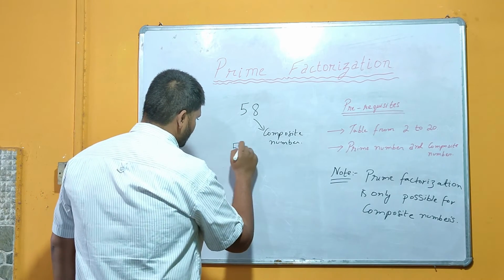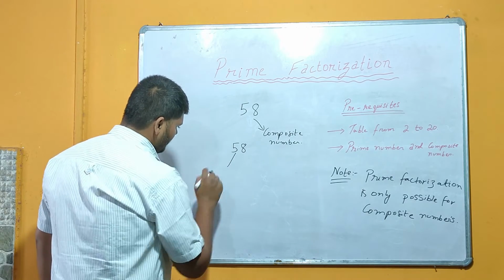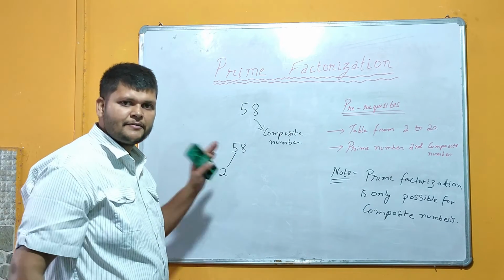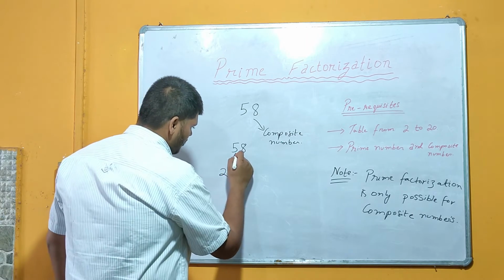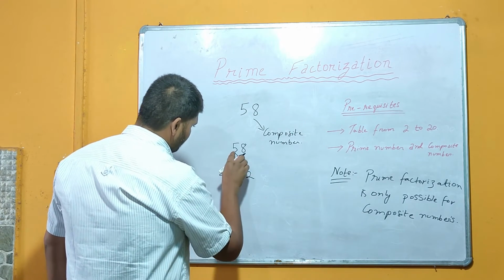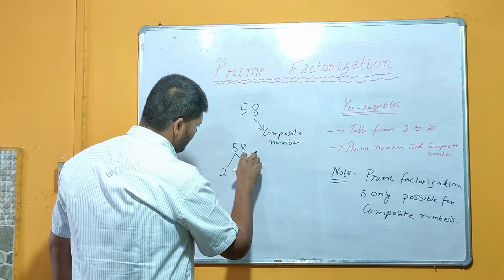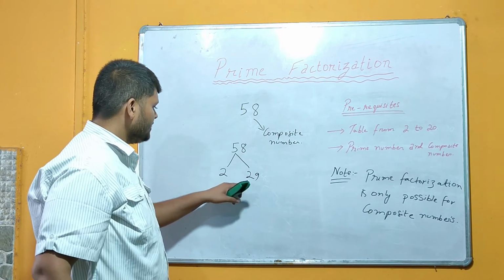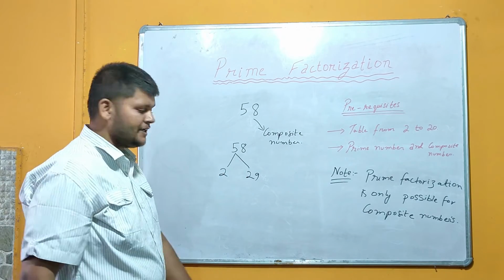So I am writing over here once again. In the table of 2, every time you have to observe whether this 58 is occurring or not. So in the table of 2, this will occur: 2 2s are 4, 1 will be carry, so it will become 18. So 2 9s are 18. So 2 times 29 we will get 58.